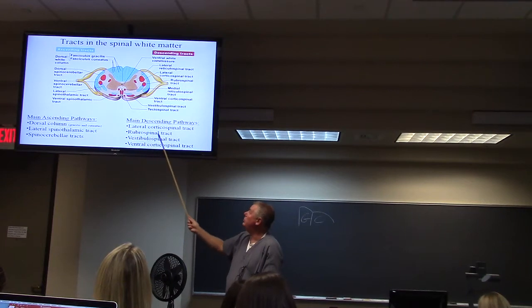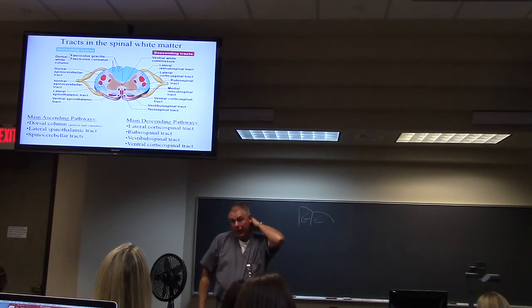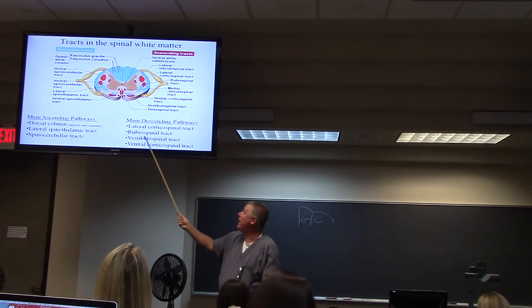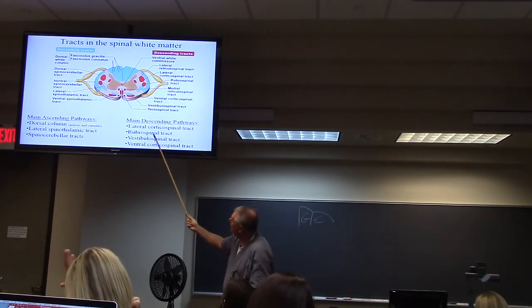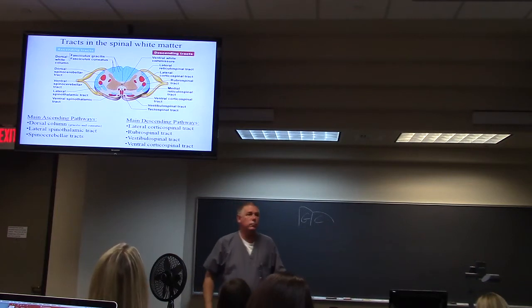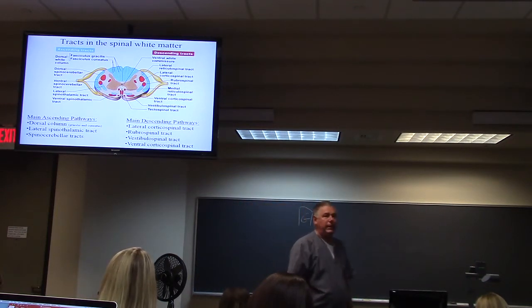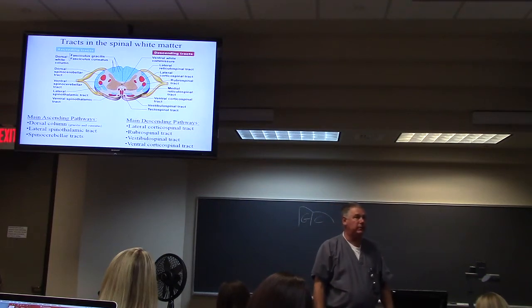Now, rubrospinal tract, rubro meaning red, comes from a red nucleus and goes to the spinal cord. It facilitates flexion, particularly of the upper extremities.